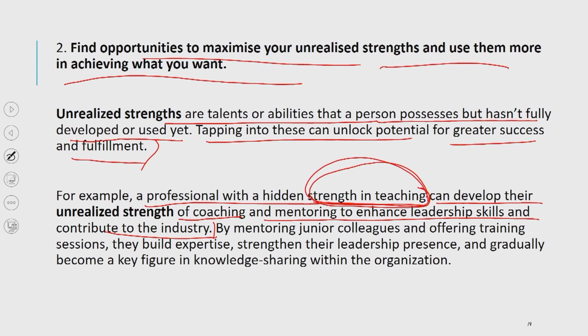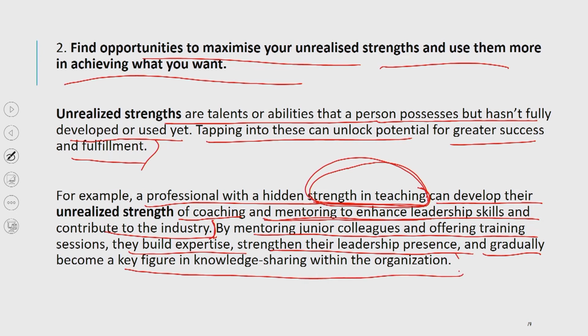So even though the person is a professional, because he or she has an unrealized strength of teaching, if that person realizes it, they can use it in coaching other people, mentoring them in developing skills, and contribute to whatever industry they are in. This can further expand their horizon of success. By mentoring junior colleagues and offering training sessions, they build expertise, strengthen their leadership presence and gradually become a key figure in knowledge sharing within the organization.